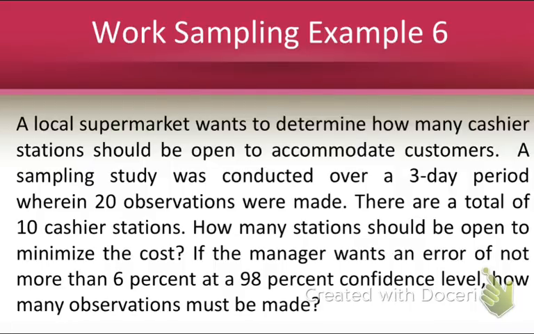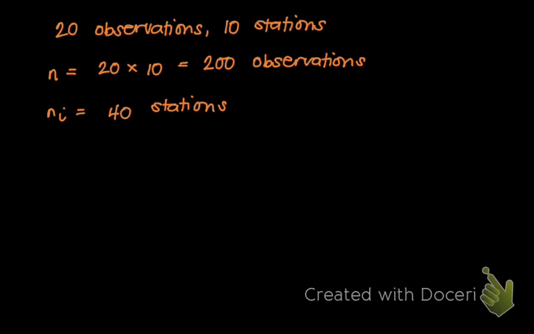So back to the question, how many stations should be open to minimize the cost? And then so, dahil idle siya, so yung ating proportion, therefore, of being idle is 40 over 200. So, that's 0.2.